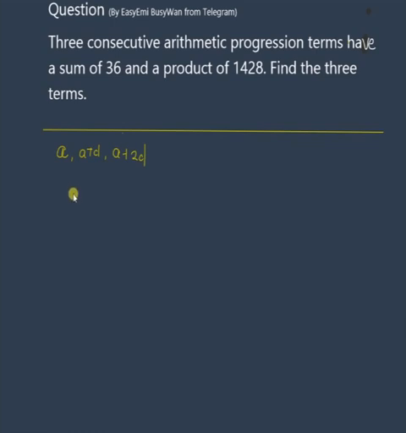These are the terms for which they are saying that the sum is 36. So we have A plus A plus D plus A plus 2D, first term, second term, third term, and when I add up all of those, I get 36.